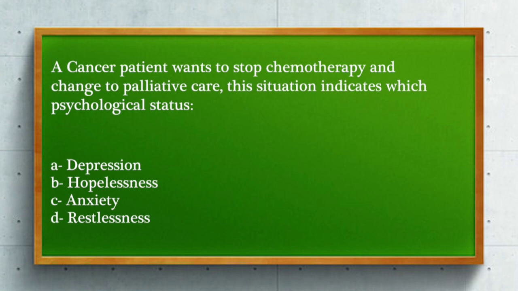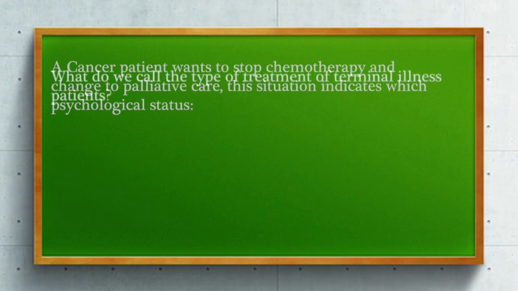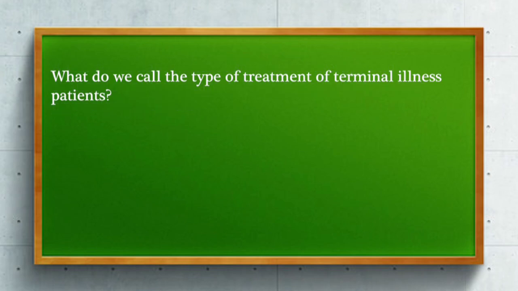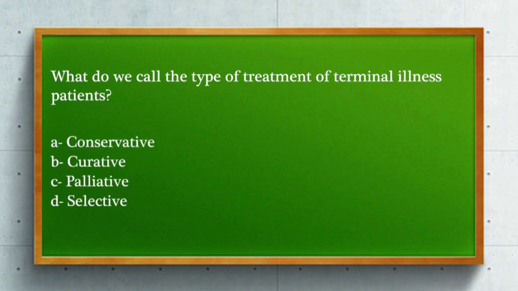And the answer: B. Hopelessness. Next question. What do we call the type of treatment of terminal illness patients? A. Conservative, B. curative, C. palliative, D. selective. And the answer: C. Palliative.